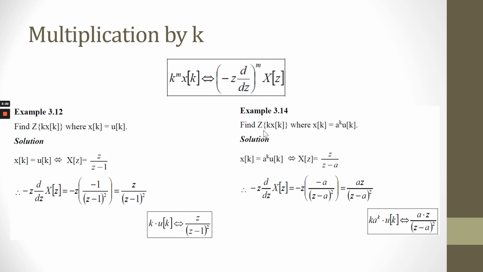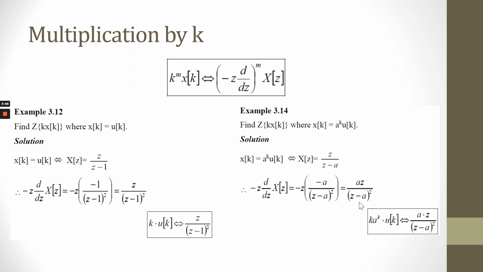The next one, if we have k x[k], where x[k] now is equal to a^k u[k]. We know that for this function, the z transform is z divided by z minus a. So based on this property equation of multiplication by k, we use this exact value, we differentiate and multiply with negative z.